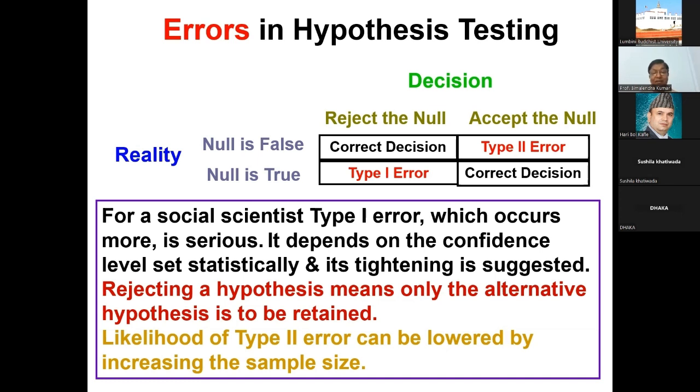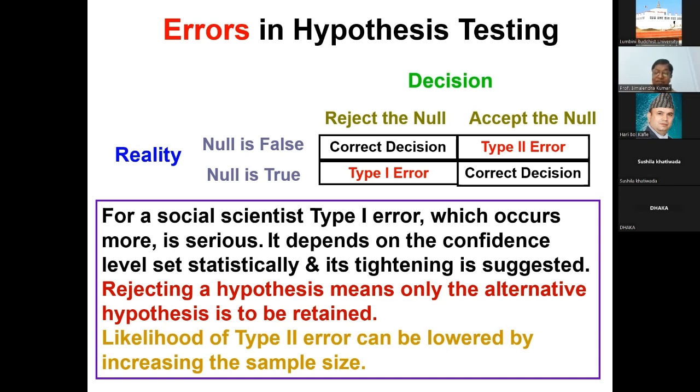Like reality: null is false, null is true, correct decision, type 2 error; type 1 error, correct decisions. For a social scientist, a type 1 error, which occurs more, is serious. It depends on the confidence level set statistically, and its tightening is suggested.